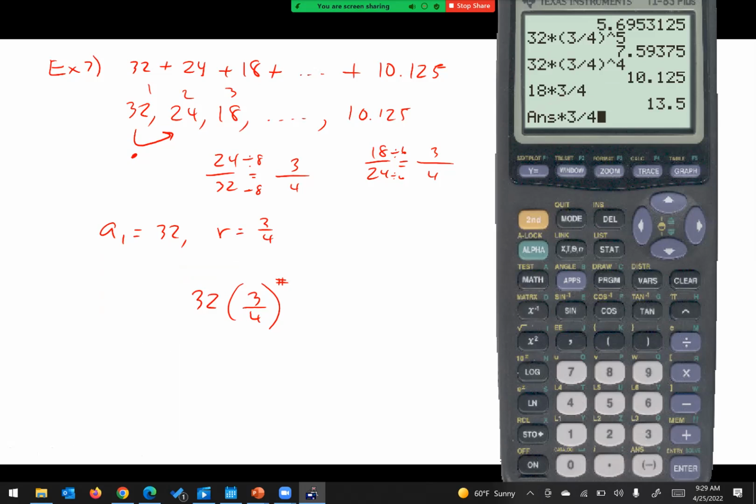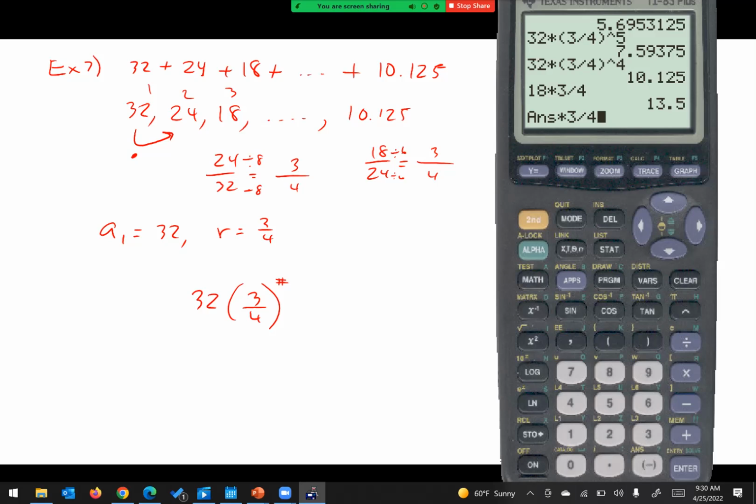Did we do this in our calculator like this right here? Once you start on your calculator, especially the TI-83, you can just keep on pressing enter. You see this little answer that comes up? Whenever you press one of these buttons, it automatically brings up the previous answer.